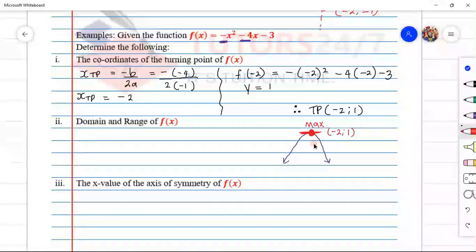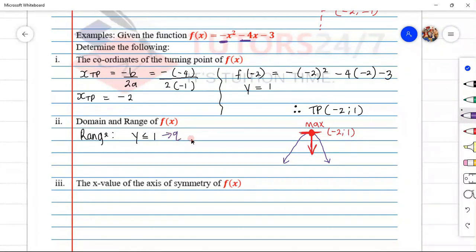Now our range represents from this point all the way going down, because these are the values that our graph touches, or the y values that our graph touches. So our range is therefore y less than or equal to the value of q, which is 1.